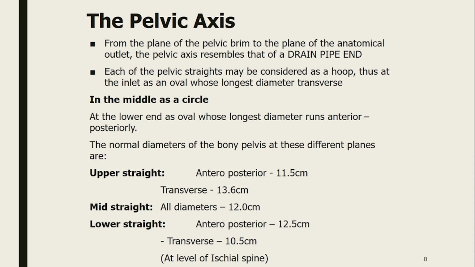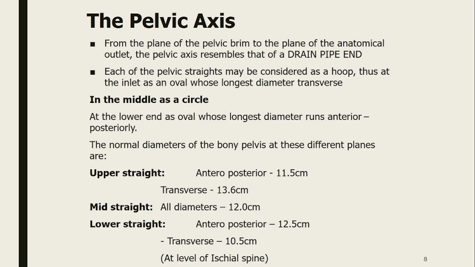You may ask me why this is so. When the baby is in labor or very late in pregnancy, the head tends to occupy the largest diameter. So at the brim, before descent takes place, the head is in transverse, occupying the transverse diameter where there is much room.